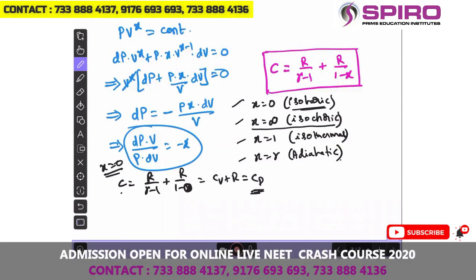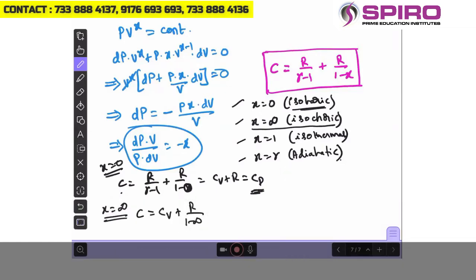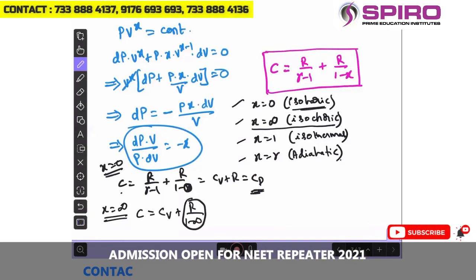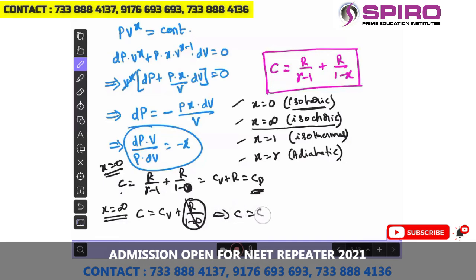The x value will be infinity there. So for the isochoric process, x equal to infinity. What is C now? That is CV plus R by 1 minus infinity. 1 by infinity means 0, so this entire value becomes 0. So this implies C equal to CV for isochoric process.